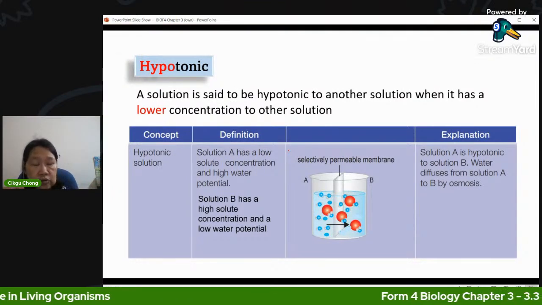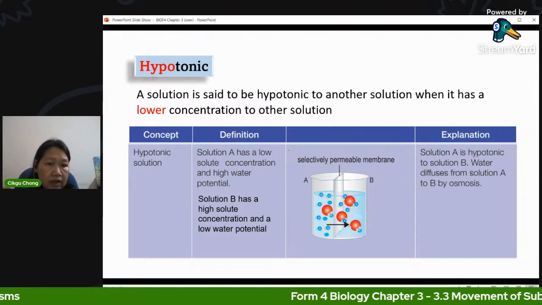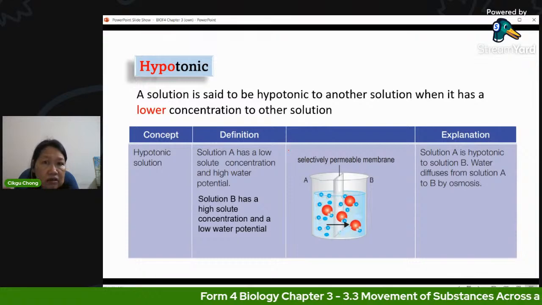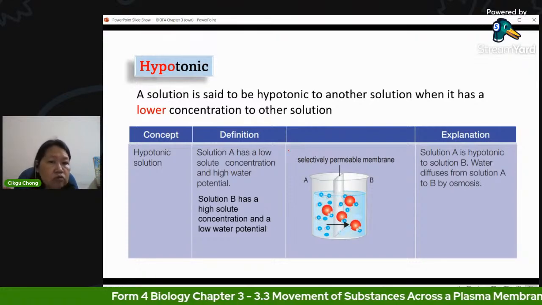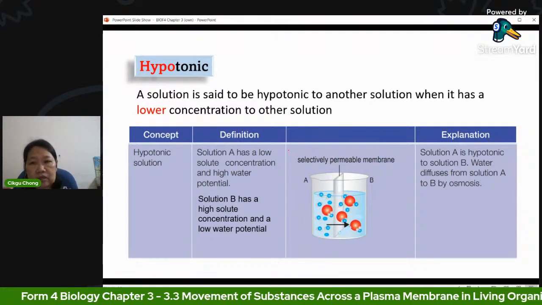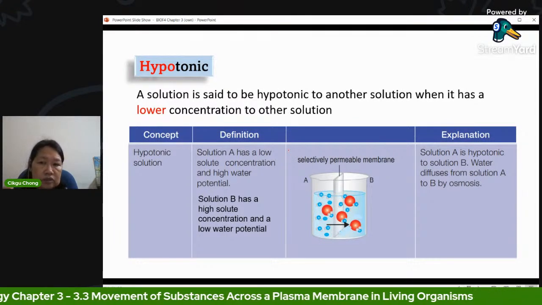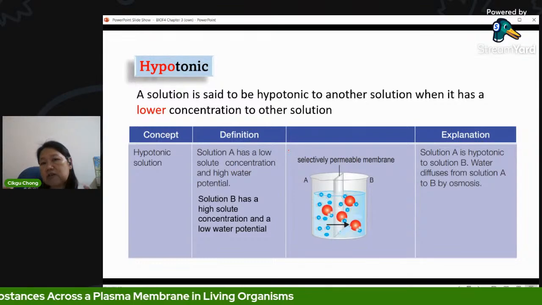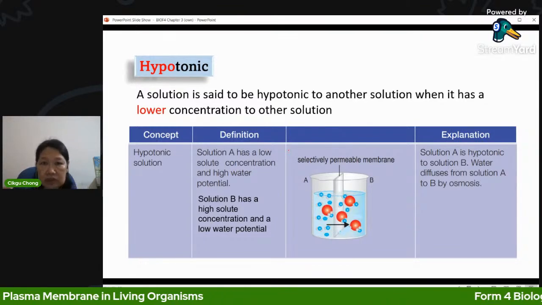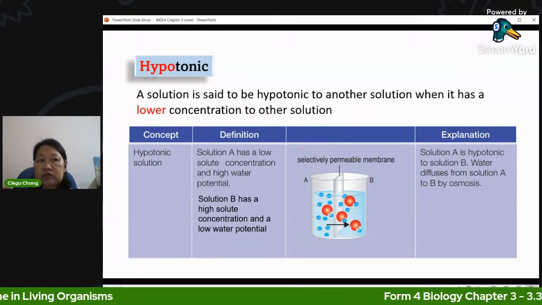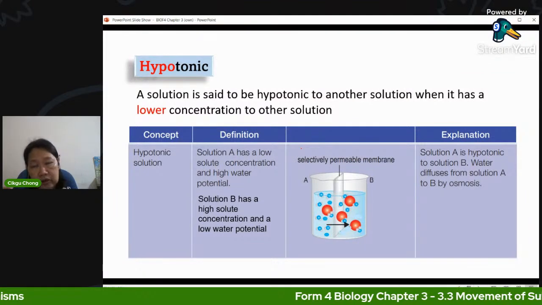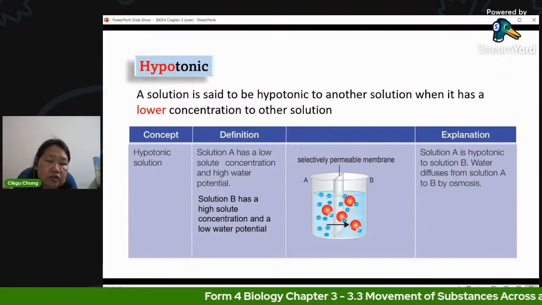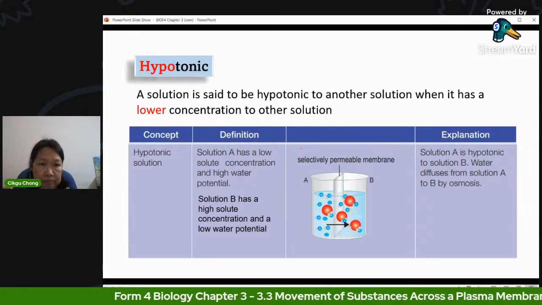So water diffuses from solution A to B by osmosis. The process of water movement is called osmosis. So always from hypotonic to hypertonic. The movement of water is always from hypo to hyper.